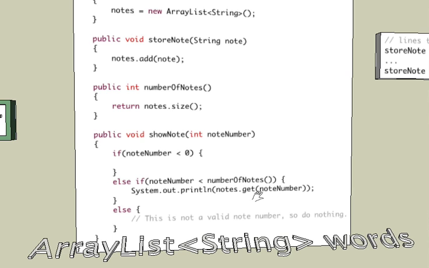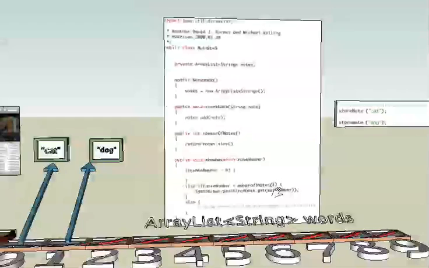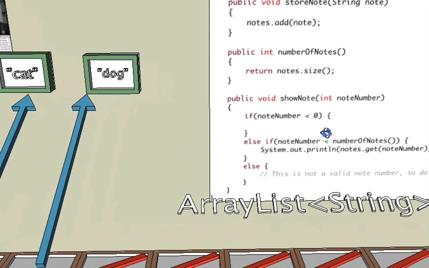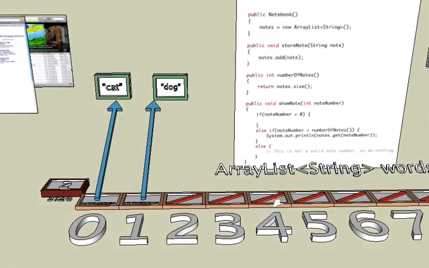So with our example, if I did notes.get(1), that would return a reference to the dog object, or the string object that contains dog, and then we could feed that into the println method, and it would output dog. Okay?